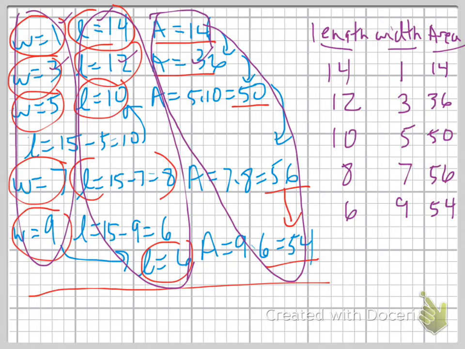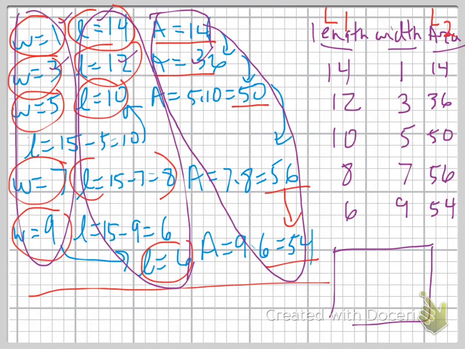Oh, 54. And so when I go to draw this on the screen, I'm going to get this pattern. So when I go to put this into L1 on the calculator and this into L2, I'm going to get points. So I'm going to get points that are like here, and then like, well, I got to back it up here.